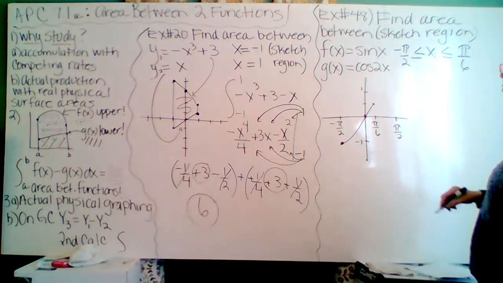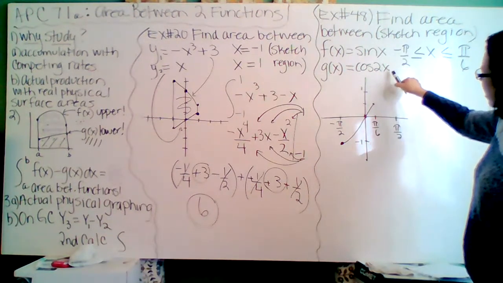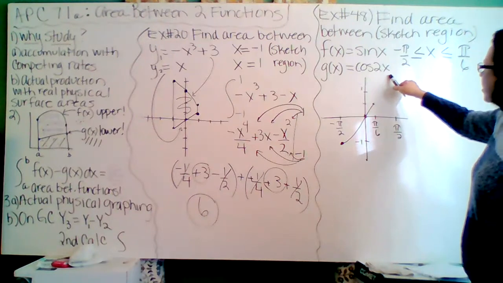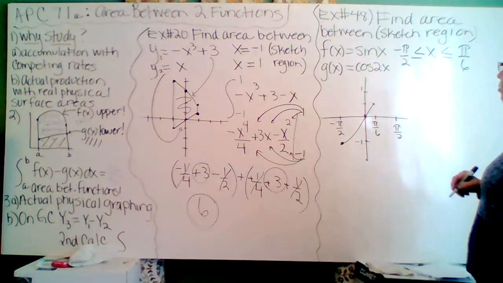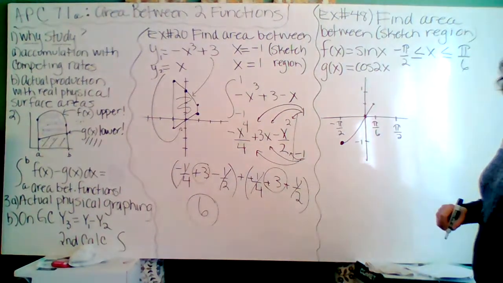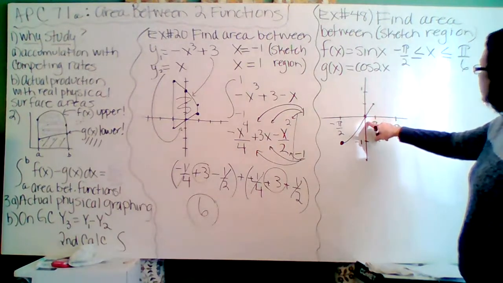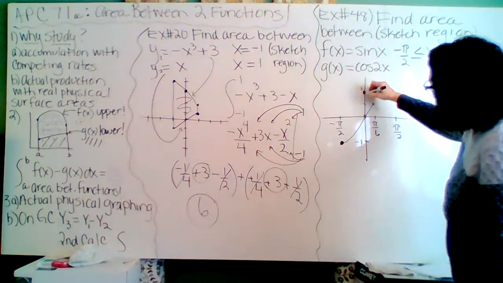Cosine of a double angle, let's start with -pi/2. When I put in -pi/2, the 2's cancel, and I have cosine of -pi, which is -1. Not surprising that they touch there. Cosine of 0 is 1.